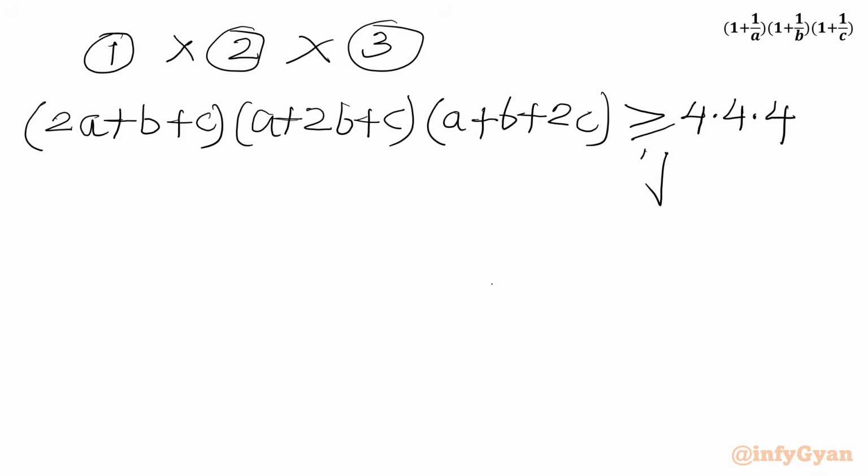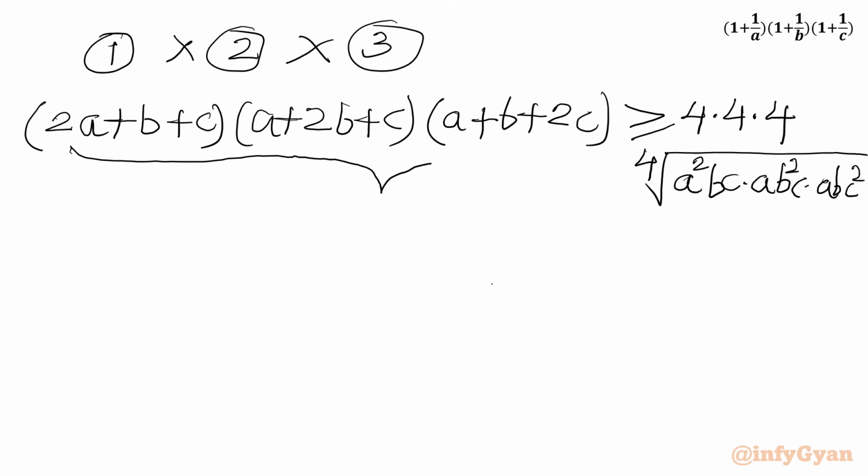Then we'll write fourth root of. Then we will club all the radicands. So I can write A square BC times AB square C times ABC square. So this is our LHS of E. Only denominator ABC is missing.